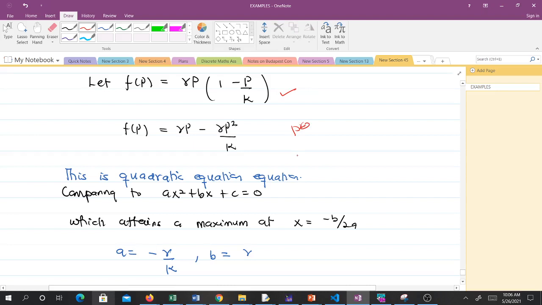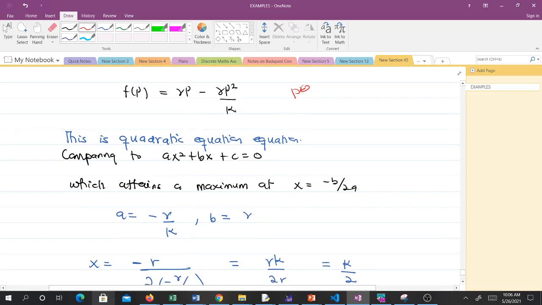And when we have a quadratic equation of the form as squared plus bs plus c equals 0, this attains the maximum at the point s equals minus b over 2a. So comparing our quadratic equation to our function f of p, our a, which is the coefficient of p squared, is minus r over k, and our b, which is the coefficient of p, is r.